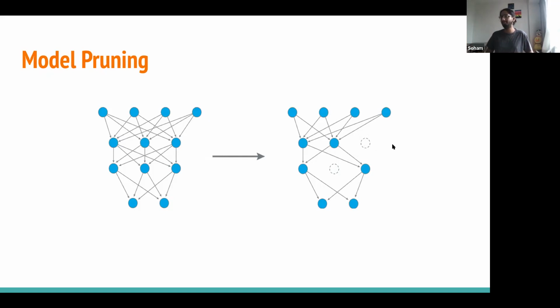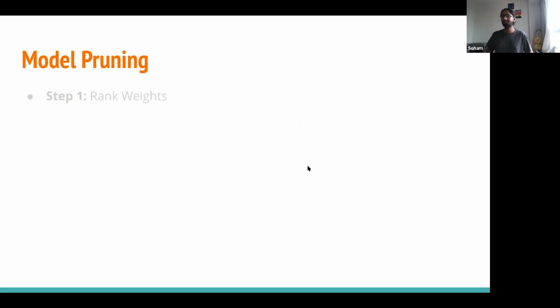But how do you know which weights to remove and which neurons to remove? It's actually very simple. What people do is they just rank weights. What that means is they take all of the weight values, and then they arrange them in ascending order, and they remove all of the weights that are less than a certain percentage that we call the pruning percentage.